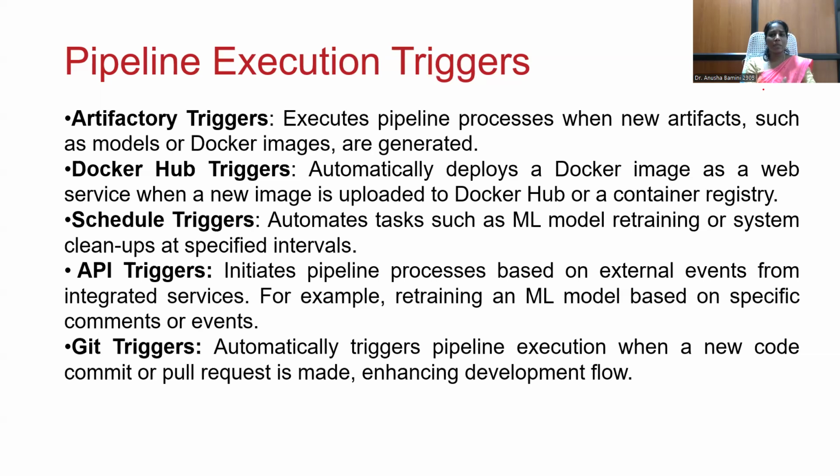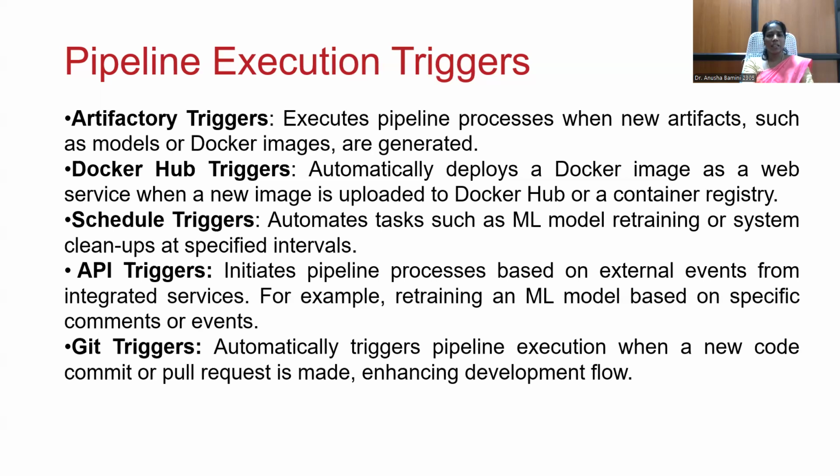Then API triggers initiate the pipeline process based on external events from an integrated service, for example retraining an ML model based on specific commands or events. If we want to make any necessary change based on a command, this API trigger will work.